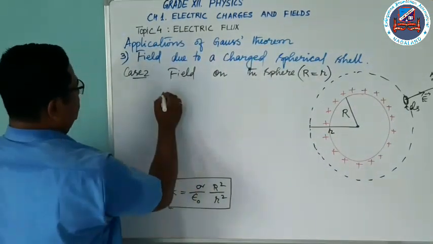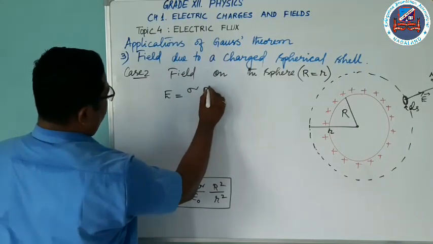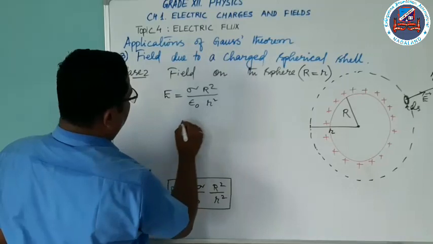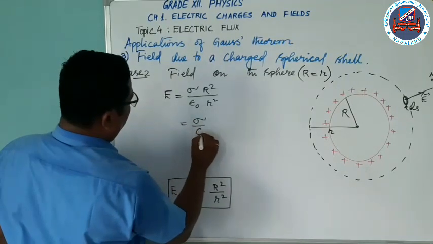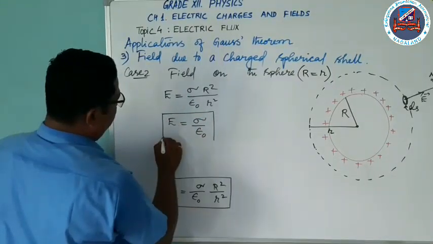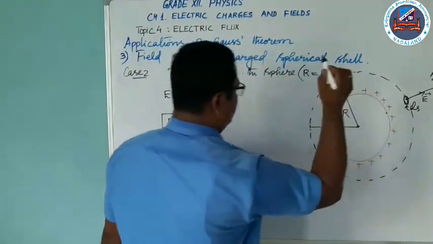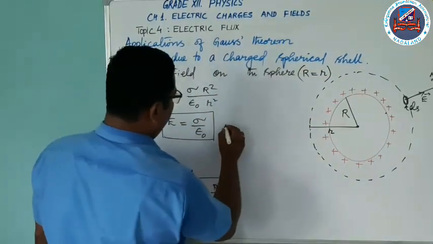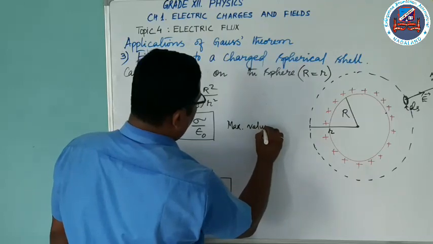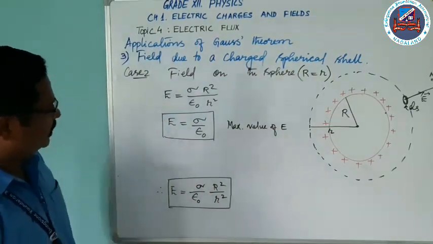In that case, electric field intensity is equal to sigma R square by epsilon naught R square. It will be equal to sigma divided by epsilon naught. You will get maximum electric field intensity on the sphere. This is the maximum value of E. You will get it on the sphere.